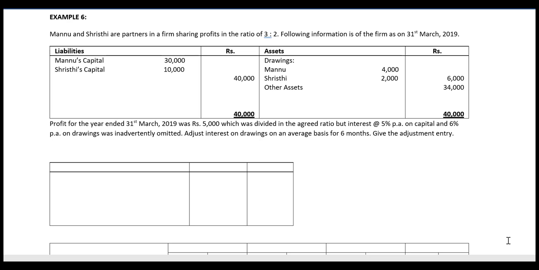So we need to calculate the opening capital from the closing capital given, because we have to assume the fluctuating capital method. So the first working note would mean to find out the opening capital from the given closing capital. So let's begin with the working note 1.